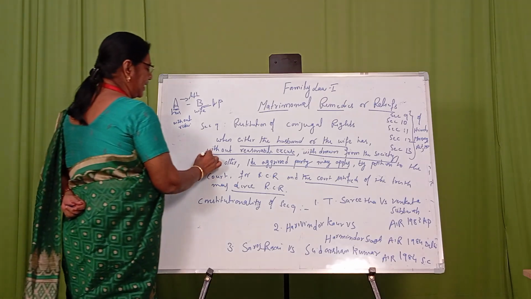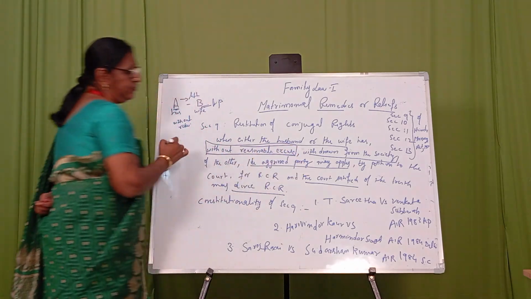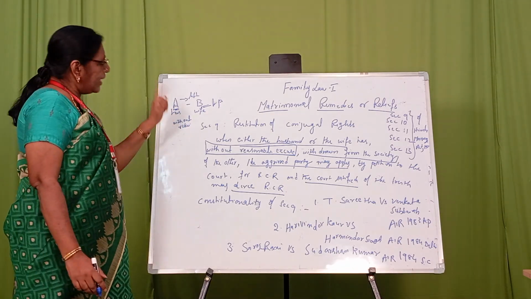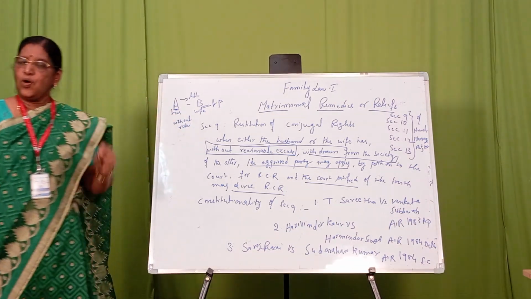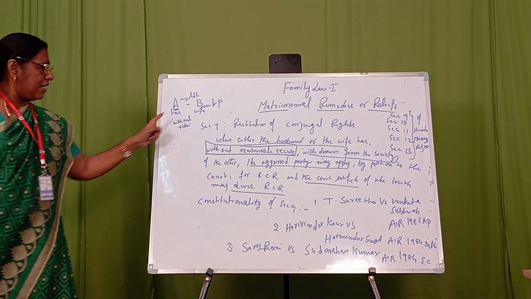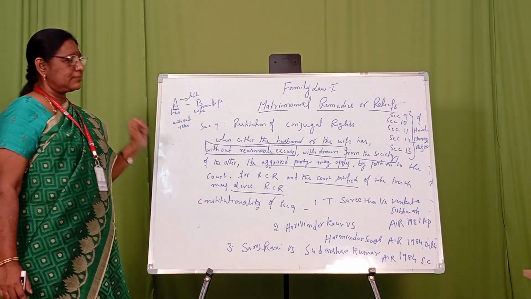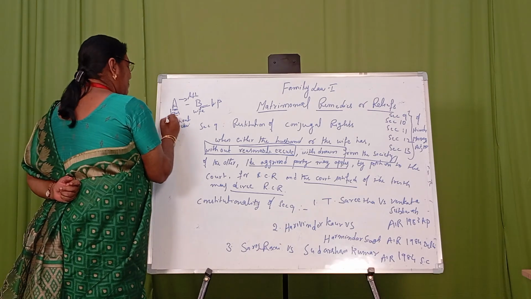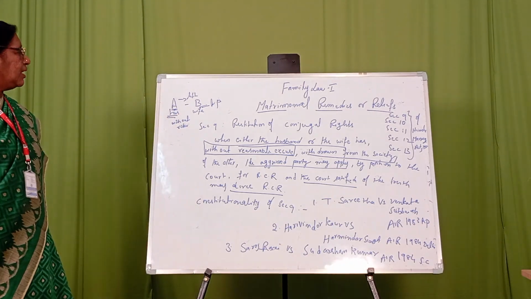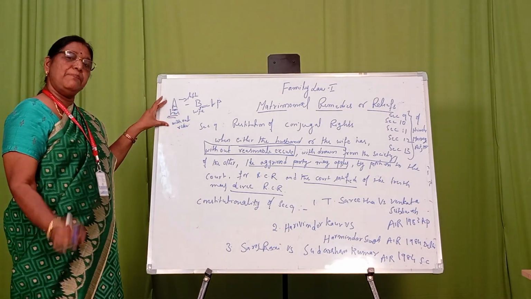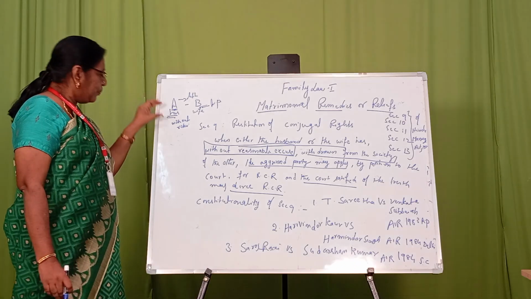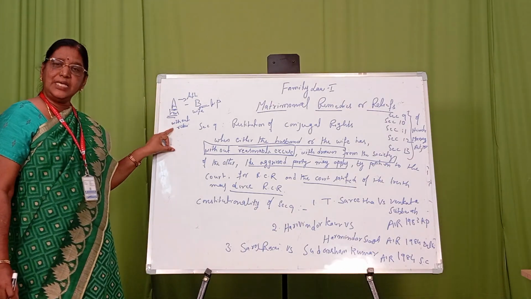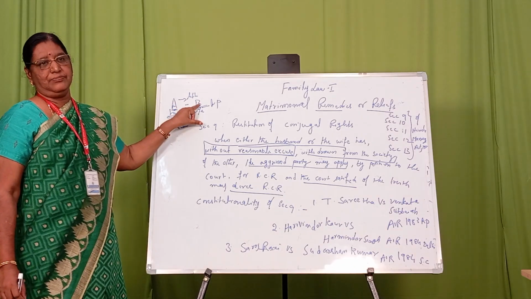I already said the keyword is without a reasonable cause they have left the party. If any reason is there, then the court will not direct the party to go and join. If the husband has left the wife, then the obligation is on the husband to prove that there is a reason to leave the party.